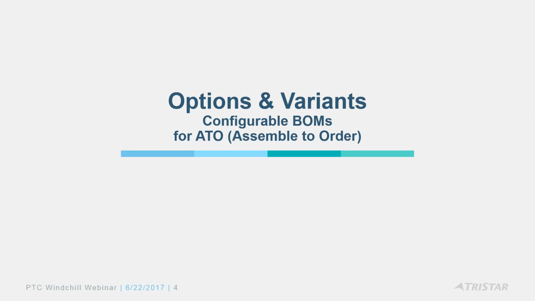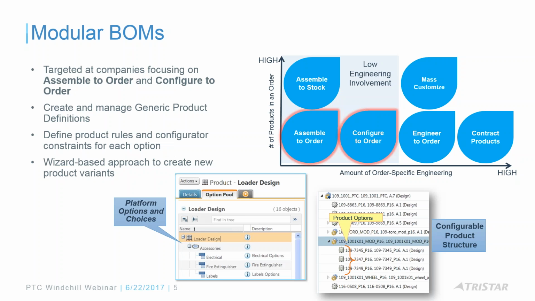So in Windchill, once I create a BOM, and this is a part BOM, which could be driven by CAD or could be a top-down BOM that I'm creating, it allows me to configure those for things like assemble-to-order or configure-to-order workflows.